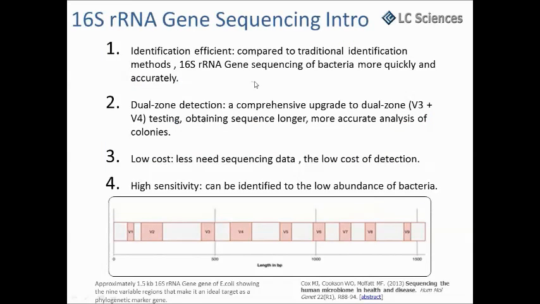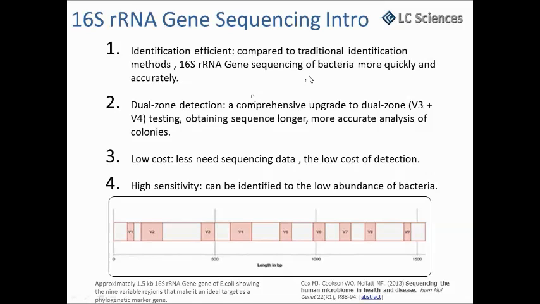Because we just look at one amplicon, the identification task will be much easier and more efficient compared to the traditional identification method of sequencing the whole genome from each species in that mixture.